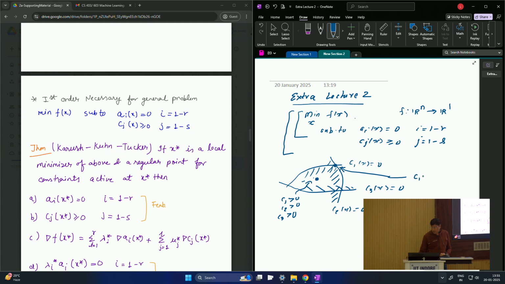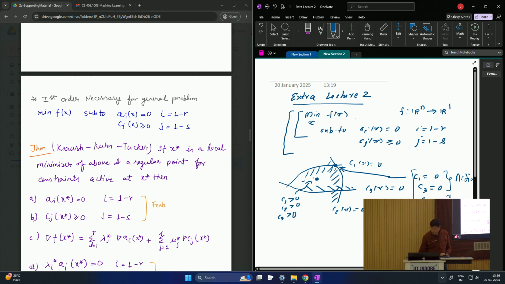We have got C1 is equal to 0, C3 is equal to 0, and C2 is strictly greater than 0 because you are inside the C2 region, but you are at the boundary of C1 and C3. So you will say that C1 and C3 are active at this point and C2 is inactive.